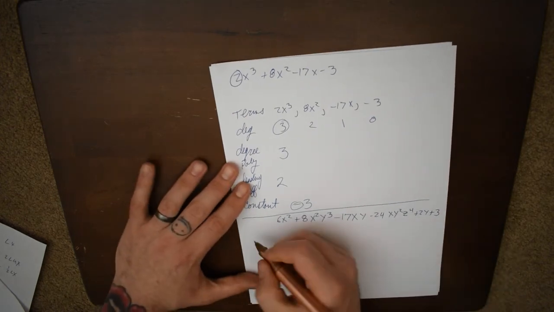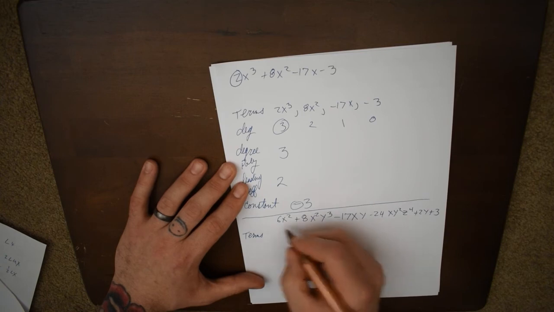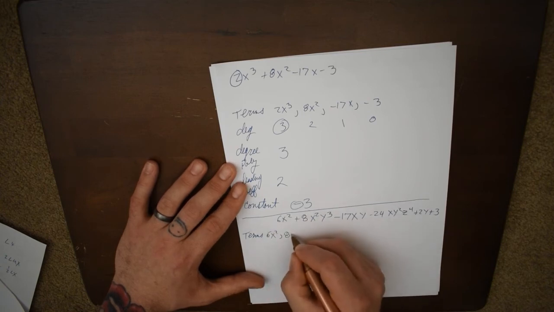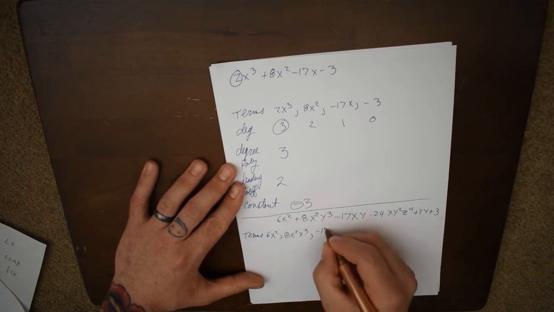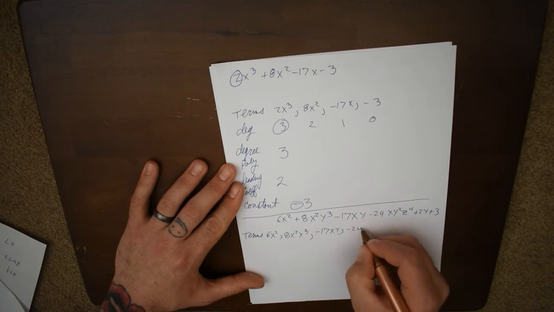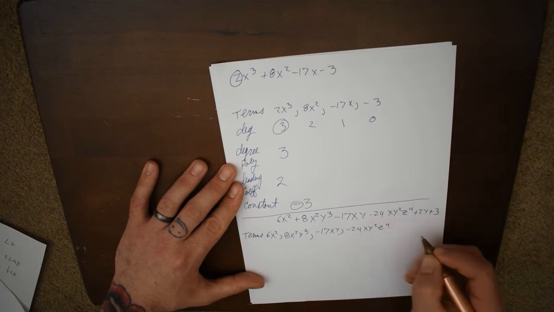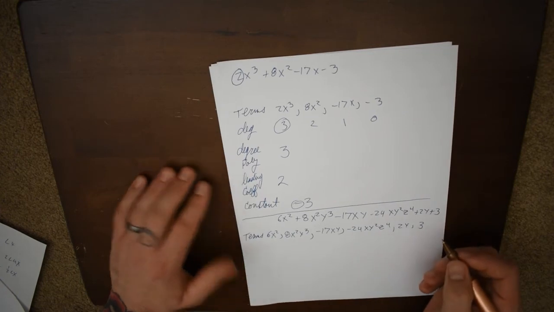Our terms are going to be 6x squared, 8x squared y cubed, negative 17xy, negative 24xy squared z to the 4th, 2y, and 3.